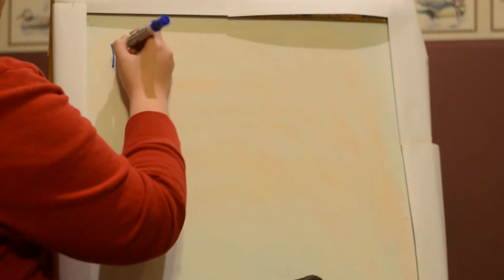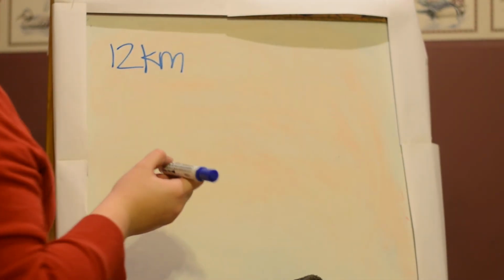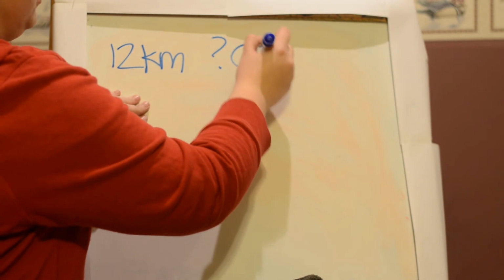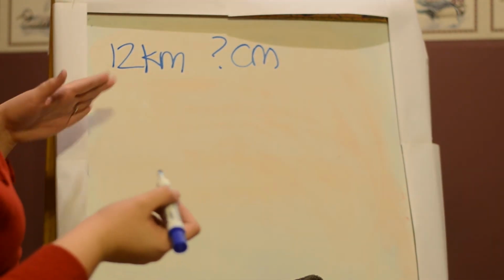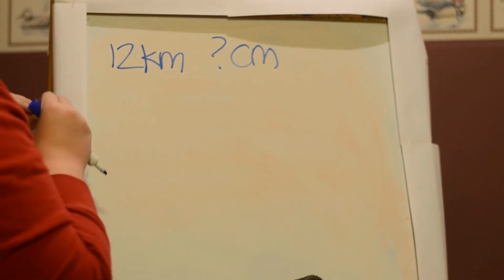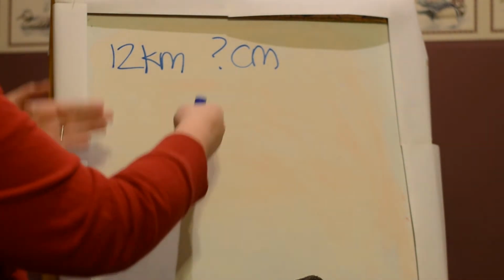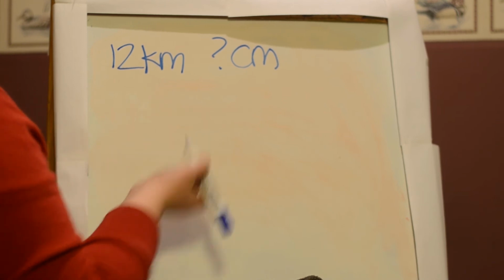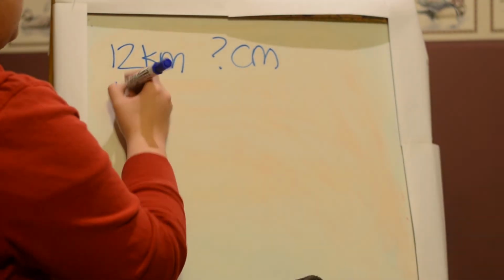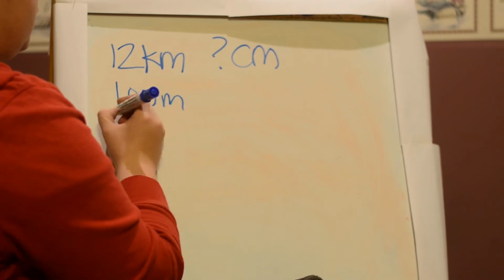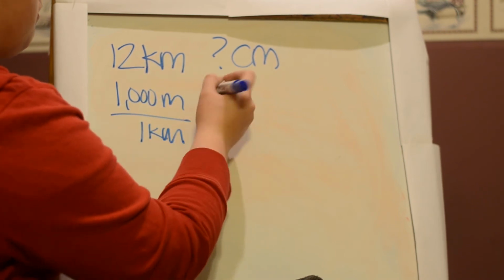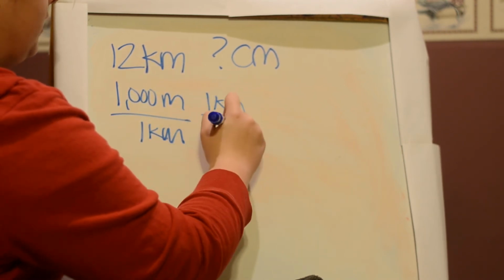But this time we're going to go from kilometers to centimeters. So in this problem, we're going to have 12 kilometers, and we want to know how many centimeters that is. We don't have a conversion factor that takes us directly from kilometers to centimeters, but we have one in the middle, meters. We wrote earlier that 1,000 meters is equal to 1 kilometer, or 1 kilometer is equal to 1,000 meters.